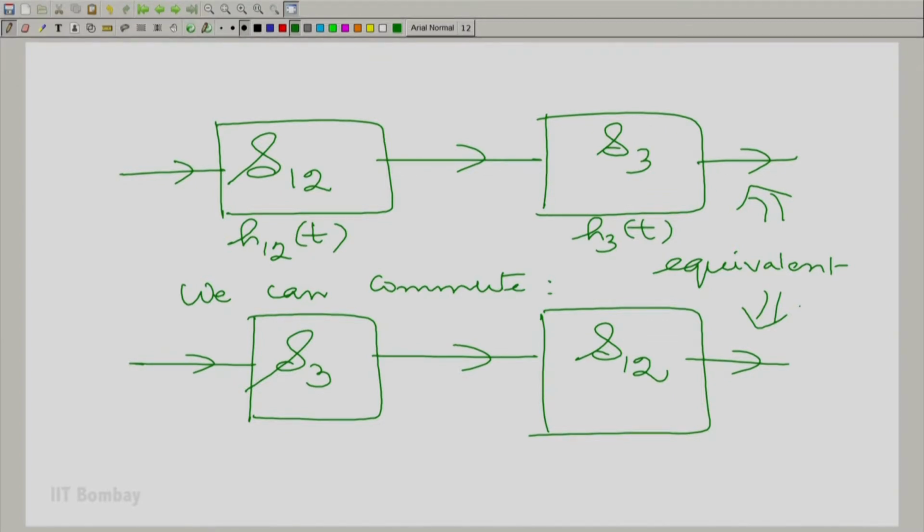So, let us see what each of these gives us. Here we are talking about H1 and H2 first being convolved and then being convolved with H3. You see, what we are trying to show is that we can make any reordering of the systems here.